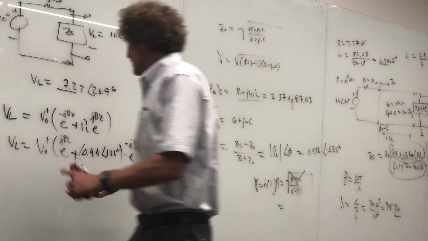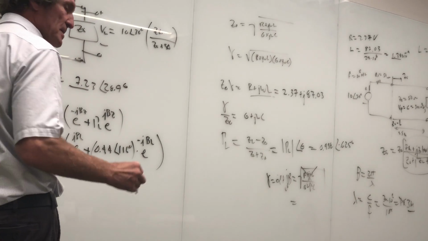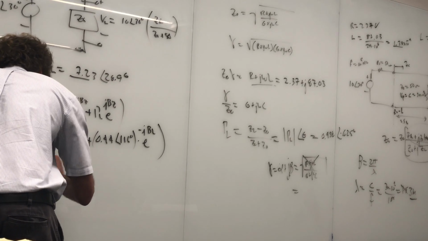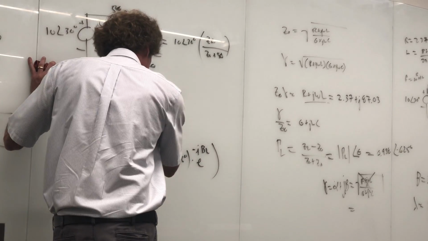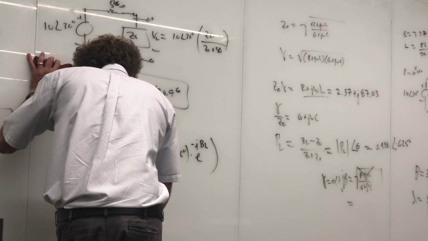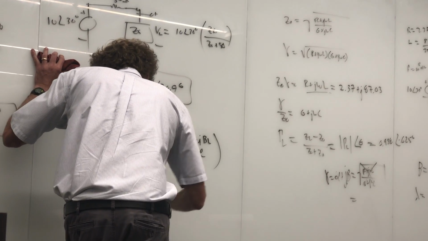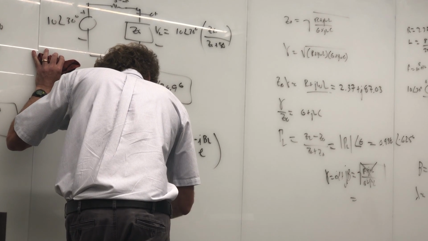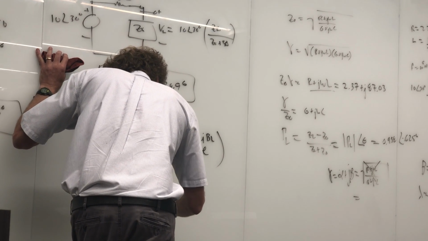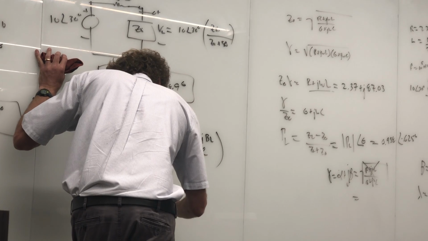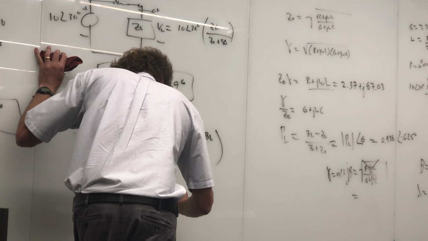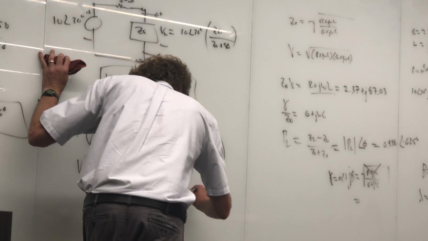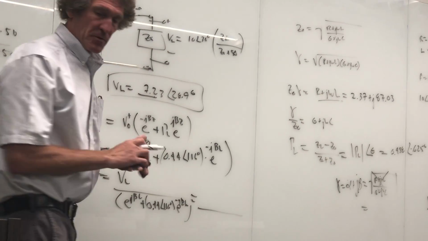Now that's what VL is equal to, but we need V0. So what do we do to get V0 plus? We simply take VL and divide it by e to the j beta L plus 0.44 at an angle of 116 degrees times e to the minus j beta L, and we get a value. Give it to me in magnitude and angle, please.